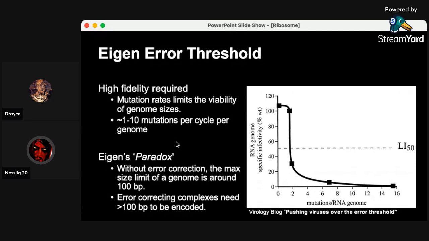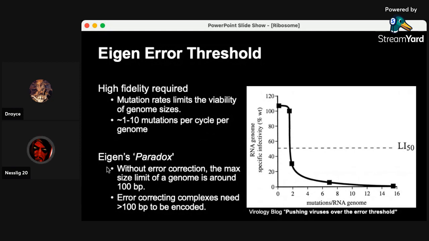Relevant to this conundrum is something called the Eigen error threshold. Basically, there is a limit to how many mutations per cycle a genome can withstand. The larger your genome, the lower your error rate needs to be. Otherwise, you go extinct at a certain mutation rate.